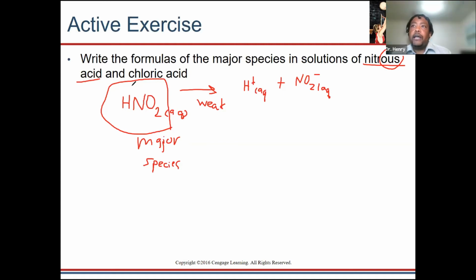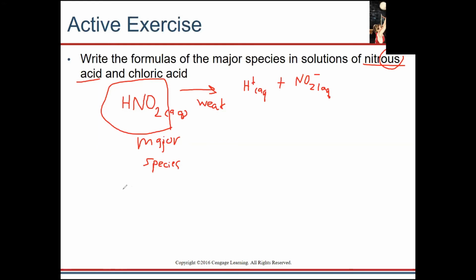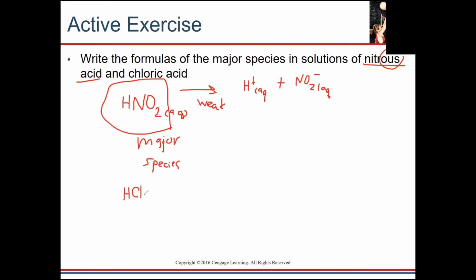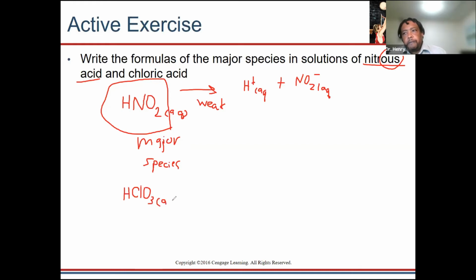Okay. So what about hydrochloric acid? Chloric acid. So what does chloric acid look like? HClO3. What is it going to dissociate to if it dissociates?